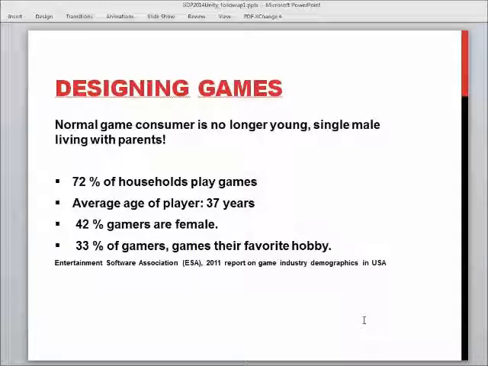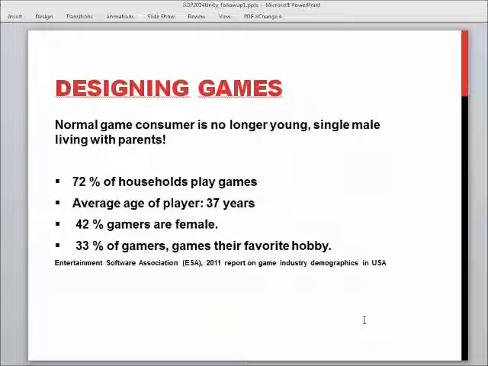Okay, so a couple more slides about the different things to take into account when you are designing a commercial product. For example, this is also a bit old information, from 2011, but the numbers here haven't changed that much. They more or less are still the same.